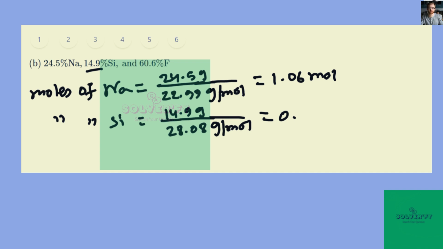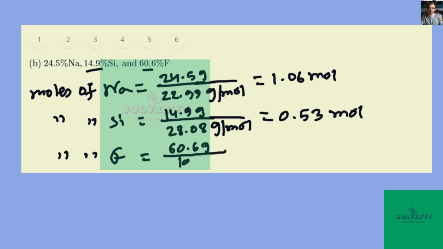Then for fluorine, with a molar mass of 19 gram per mole, this will give us a value of 3.19 mole. Now we will divide each number of moles by the smallest number, which is 0.53.